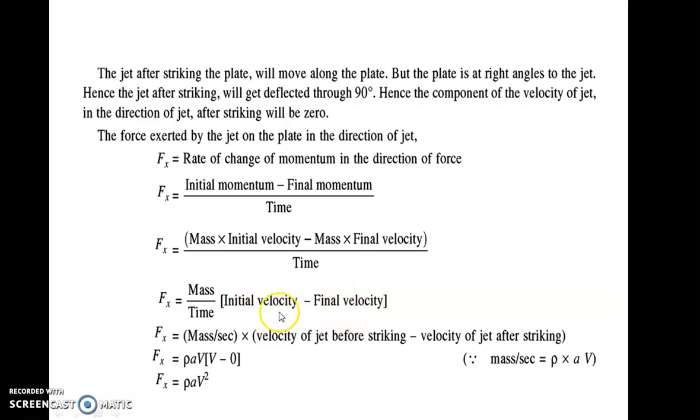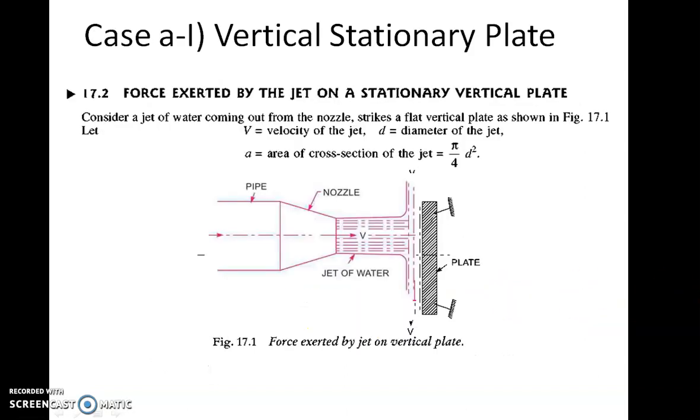Okay, in x direction. Now when the jet is striking, in this figure, we are interested in finding the force in horizontal direction, that is x direction, Fx. So we will consider the velocity in x direction only. If you want to find the force in y direction, then you will consider the velocities in y direction. Now for velocity in x direction, the initial velocity before striking the plate is v for the jet.